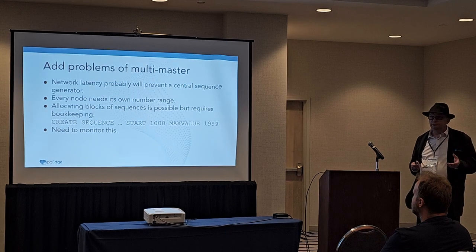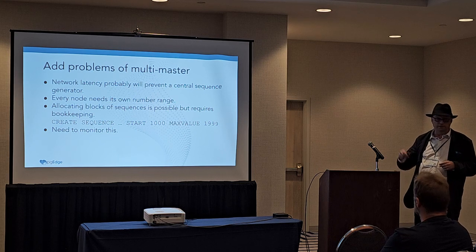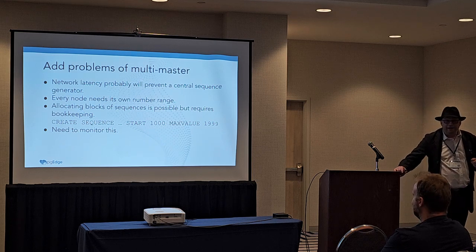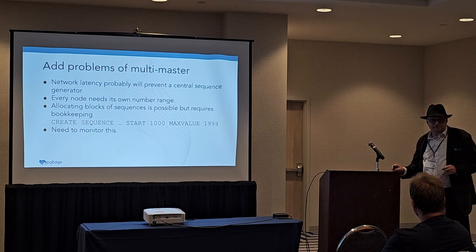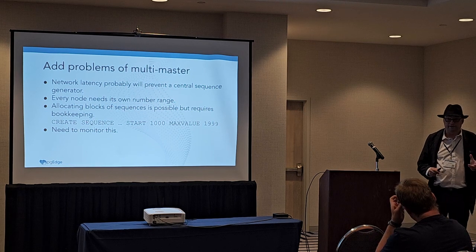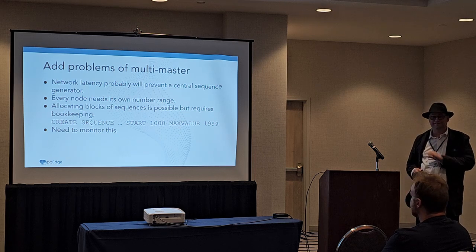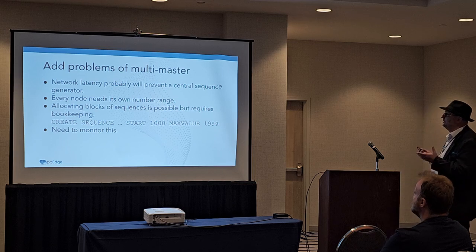If you go into AWS, for example, and you have a node in, let's say, Montreal, another node in Ireland, and another node in New Zealand, the two nodes in Ireland and New Zealand are about 270 millisecond round trip away. That's a quarter second. Forget it. Nothing safe. But we can do individual number ranges.